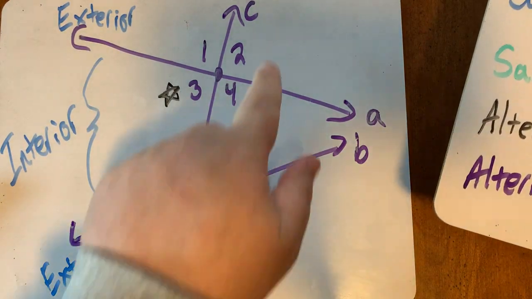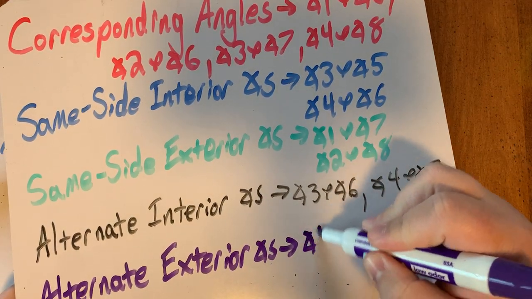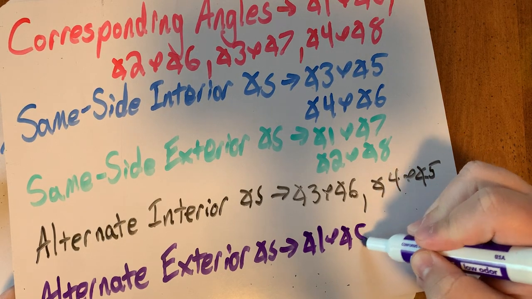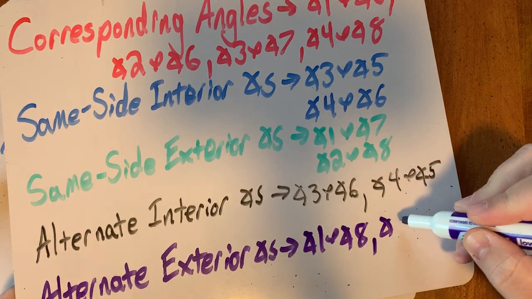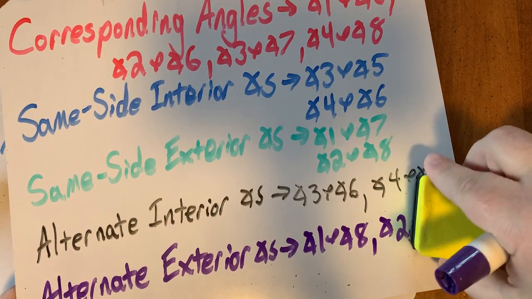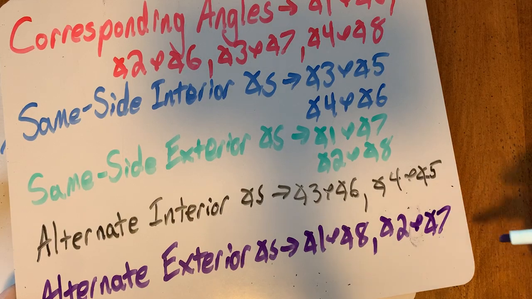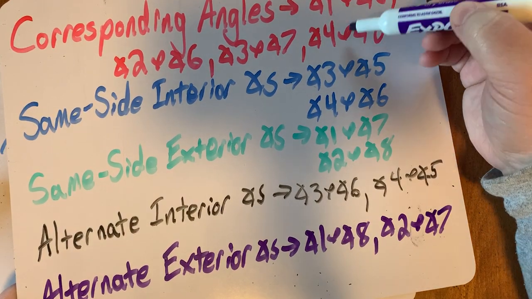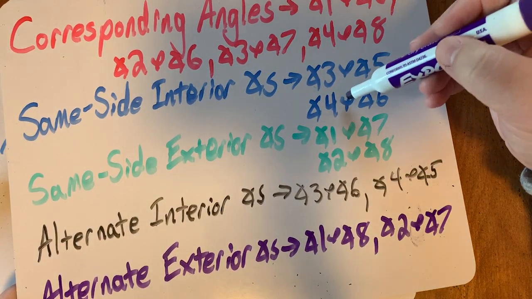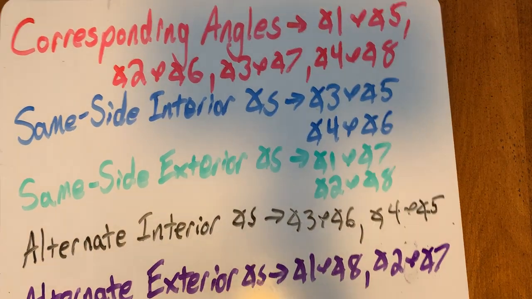So 1 and 8 and 2 and 7. Oops. And just a reminder, these are just my ampersands. That just means my and. That's just how I write it, okay?